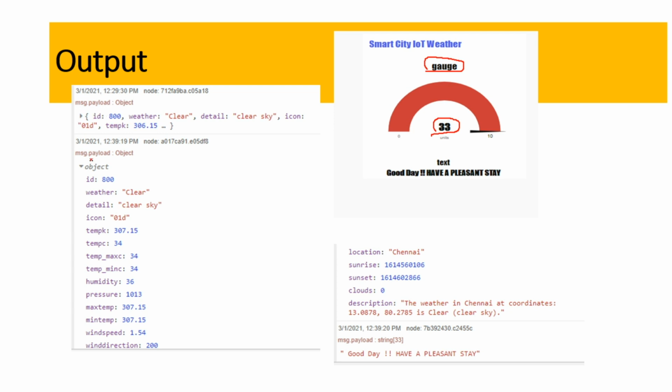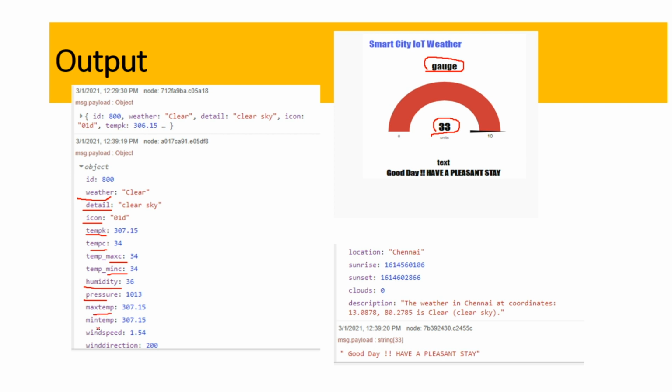These are the message payload objects. These are the parameters like weather, details, icon, temperature in Kelvin, temperature in Celsius, maximum temperature and minimum temperature, humidity, pressure.